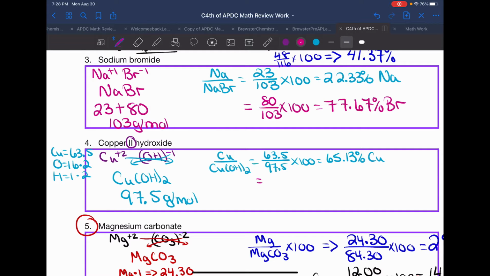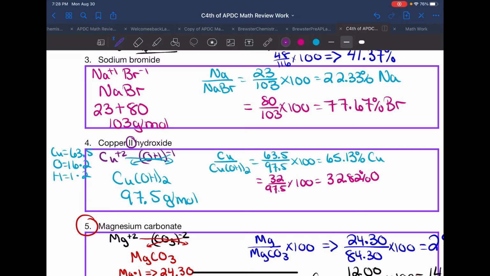Then we'll repeat with the oxygen, which is 32 over 97.5 times 100, and that equals 32.82% oxygen.